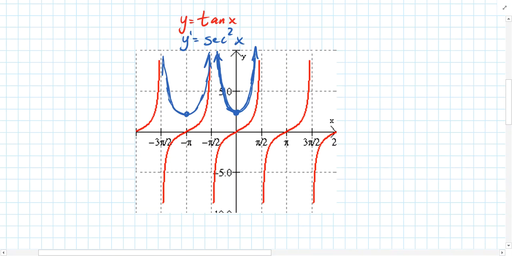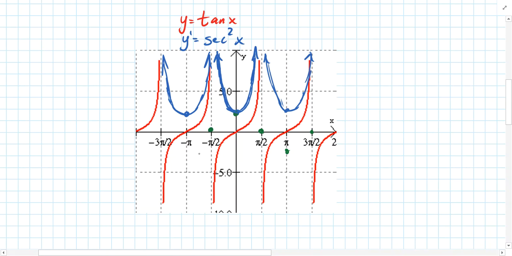Now, part of the reason why I know that this is going to be a secant squared graph is because I recall that secant is actually a modified cosine function.